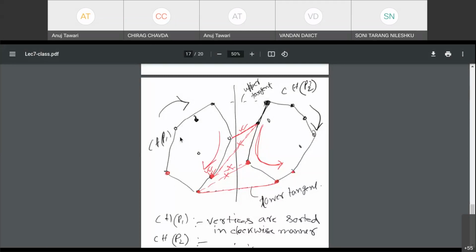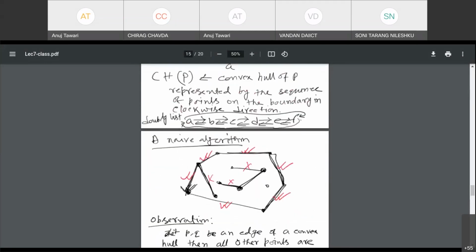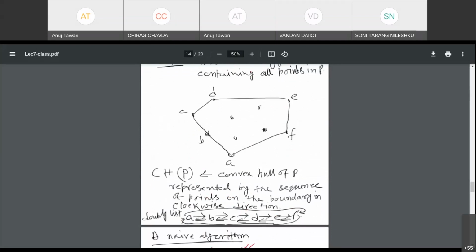Let's go back here. Let's say you have this convex hull here. So A links to B, B links to A. Similarly, B links to C, C links to B, C links to D, and so on. And F links to A, and A links to F.